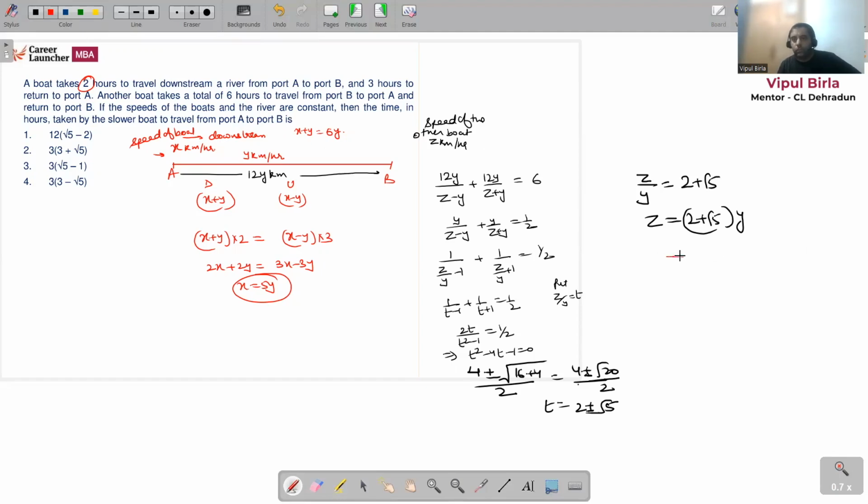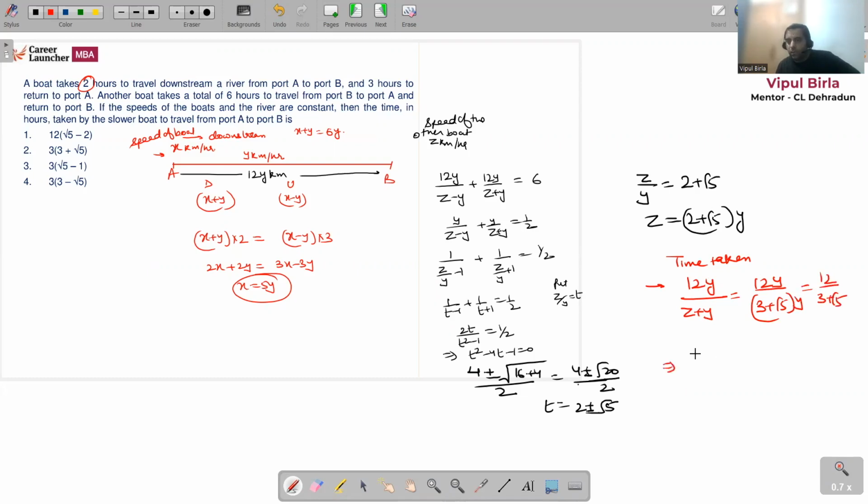So, time taken by the slower boat will be 12y divided by the speed, which is z plus y. That equals 12y upon 2 plus root 5 y plus y, which is (3 plus root 5) into y, so it is 12 upon 3 plus root 5.